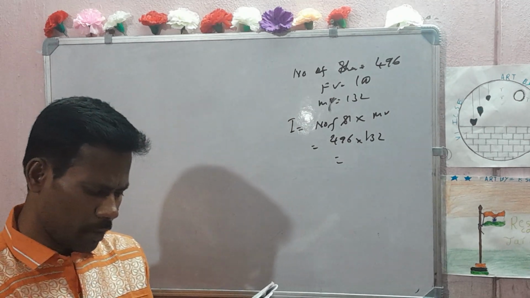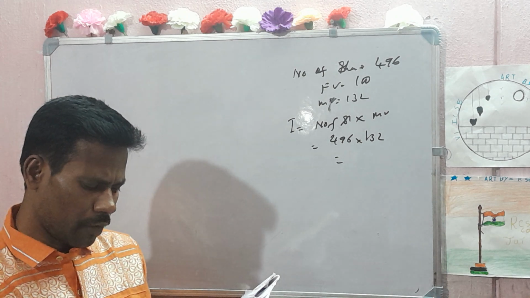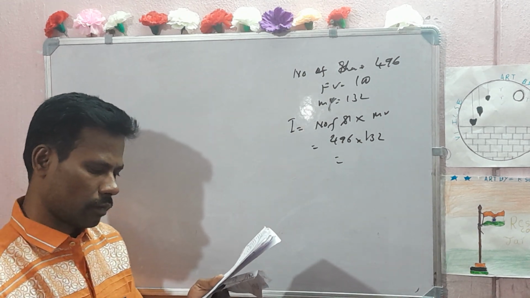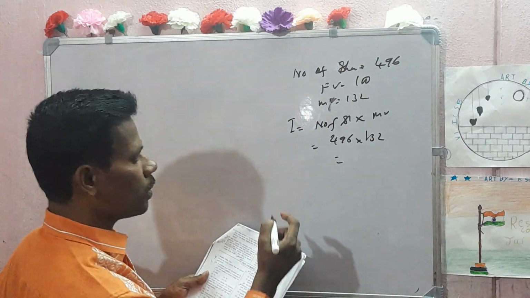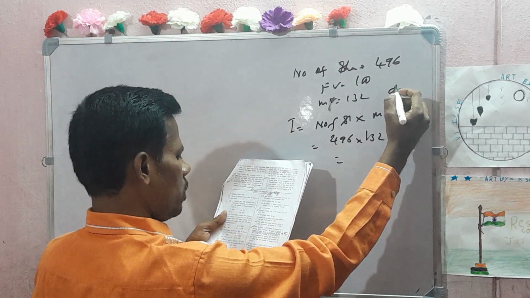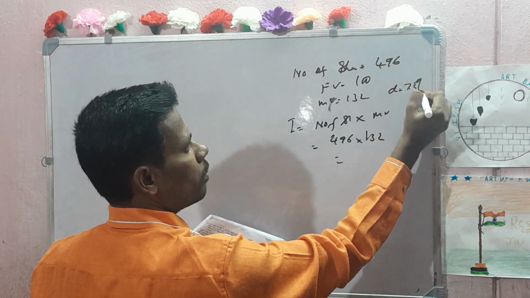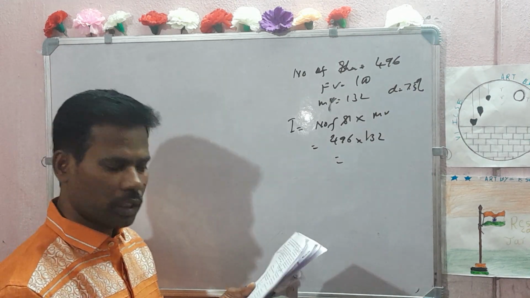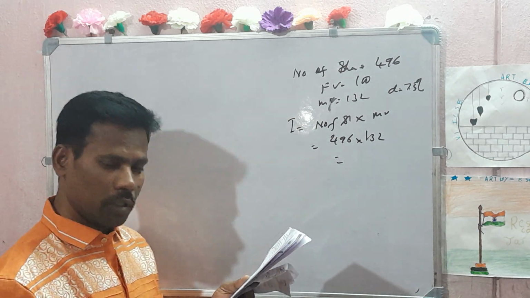And the income of Aishwarya from these shares, if the rate of dividend is 7.5%. Dividend is equal to 7.5%. What is asked? The income of Aishwarya from these shares, so that means dividend is asked.